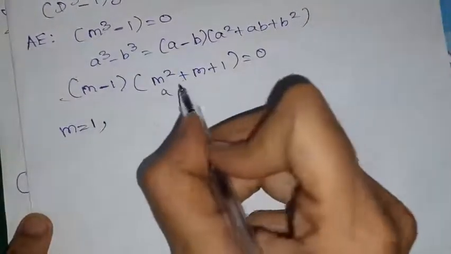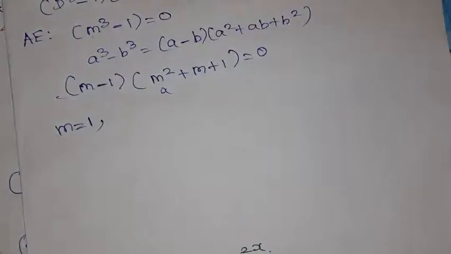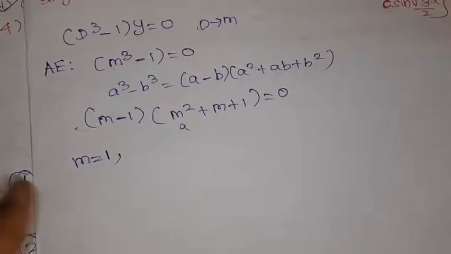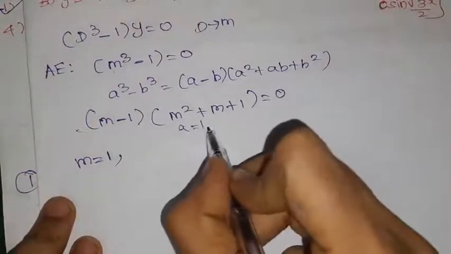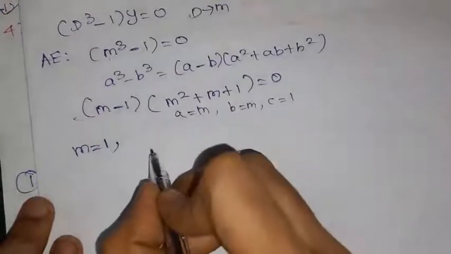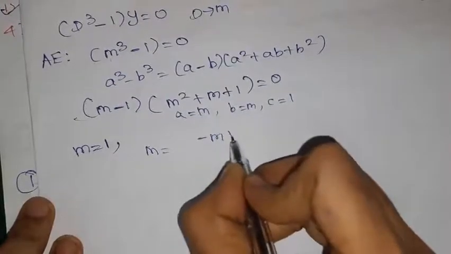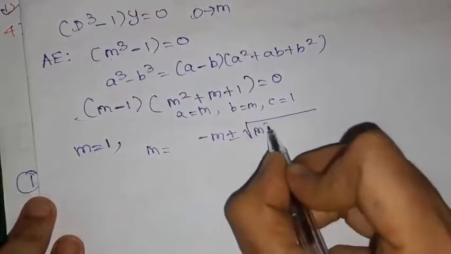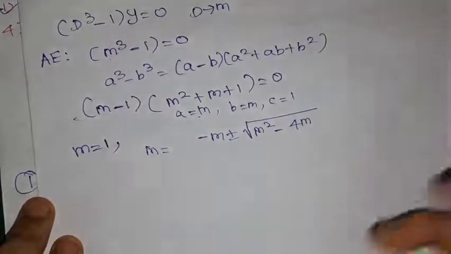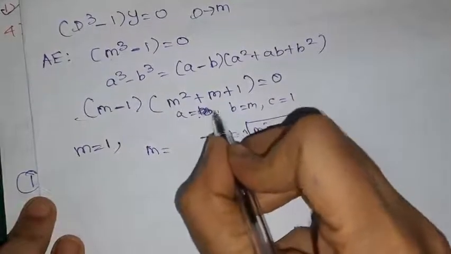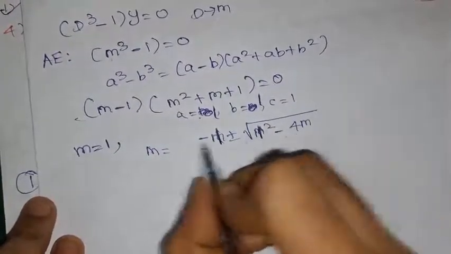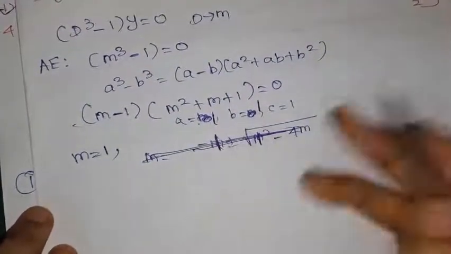Then for this we should find out the factors using minus b plus or minus square root of b squared minus 4ac divided by 2a. So a equal to 1, b equal to 1, c equal to 1. Coefficient of m is nothing but 1. A, b and c value is 1.